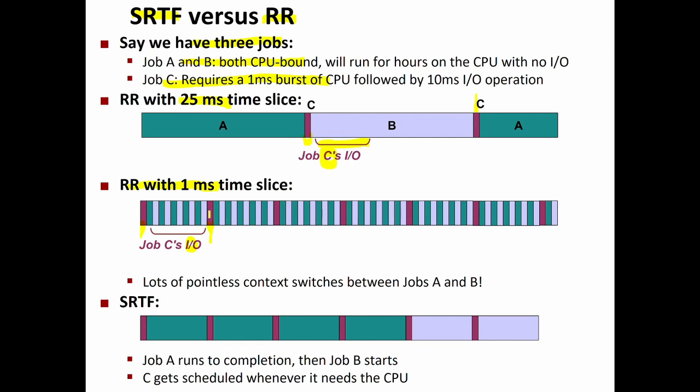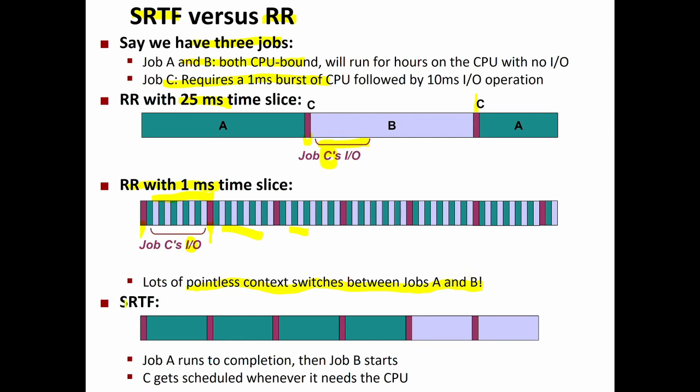This looks good, it remains responsive, but you can imagine that in these regions here and here and here, you have lots of pointless context switches between jobs A and B. With each context switch, you lose a lot of valuable CPU time to the dispatcher.